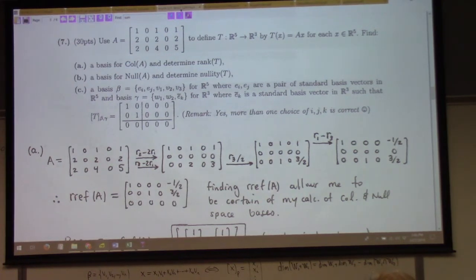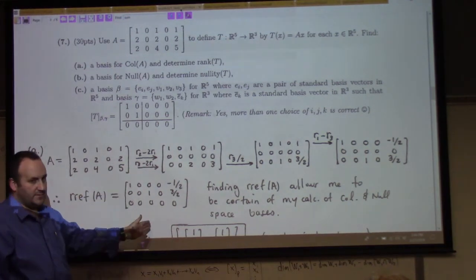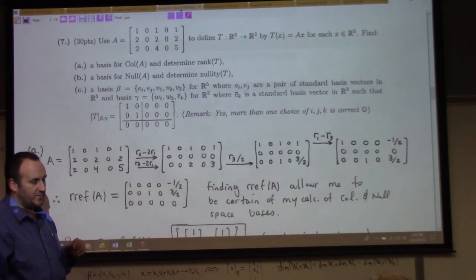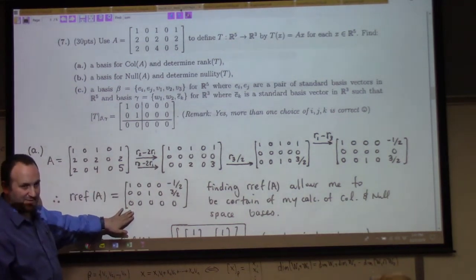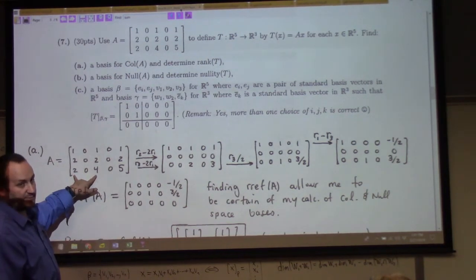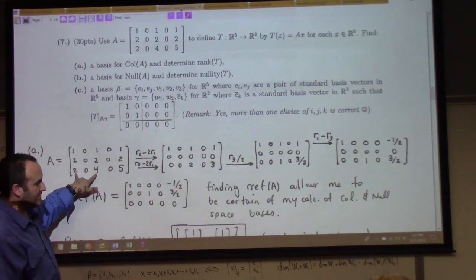But I know this. Once I find the reduced echelon form, I'm just doing that because I know for sure that all of you should remember that the pivot columns form the basis, not these pivot columns, but the original columns, the pivots form the basis for the column space, right?